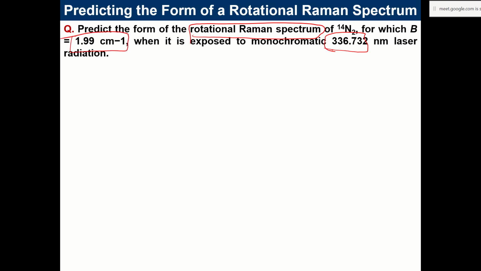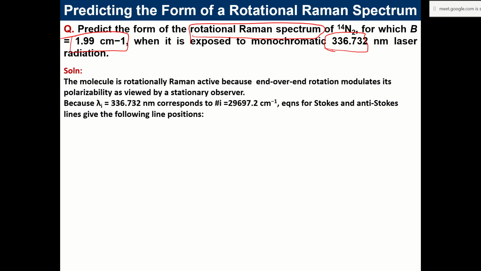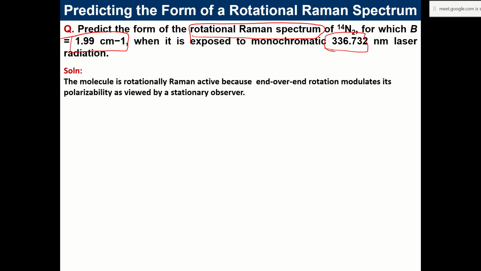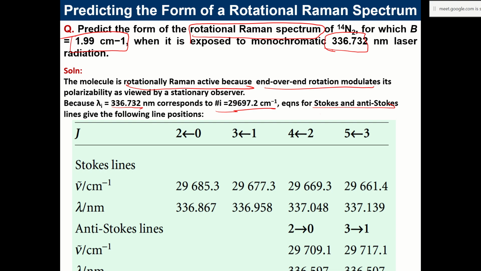So if you are asked to draw to scale and explain, how will you solve it? The molecule is rotationally active, end over end rotation changes the polarizability, as for the nitrogen molecule just like hydrogen. The incident radiation corresponds to 29,697 cm inverse. So Stokes and anti-Stokes lines will develop with a change.